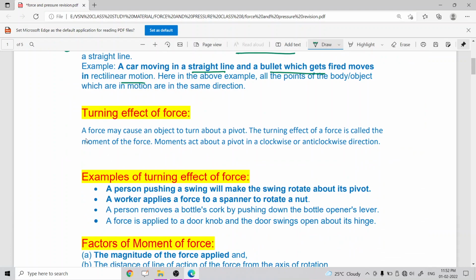Now, what is the turning effect of force? At first you have to know what turning effect is.